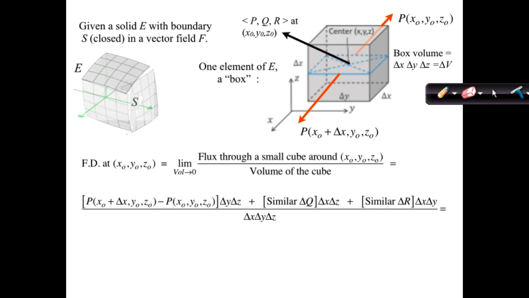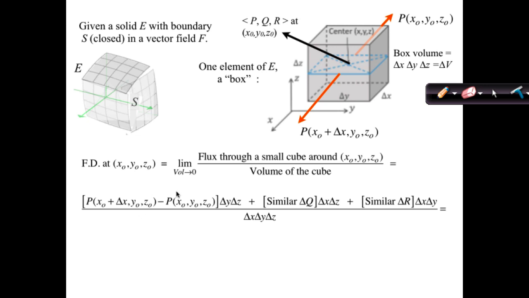The component of the flux in the x direction is going to be the change in the P component. So how do we calculate flux? Flux is the area times the vector of flow, the magnitude of the vector.